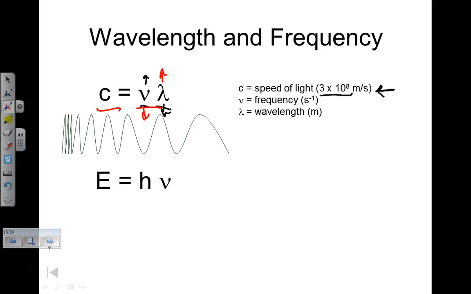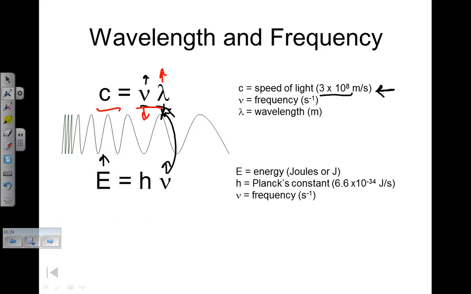Now, the other relationship, which we know, is that energy is related to the frequency, and because frequency and wavelength are related, as the frequency increases, the energy is going to increase too, because they both have to go up.